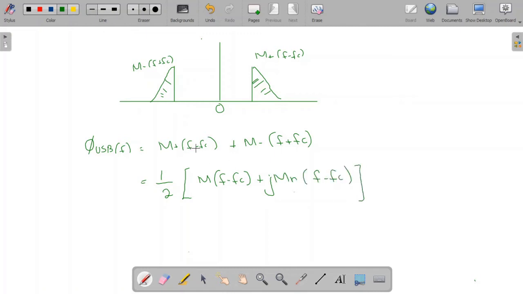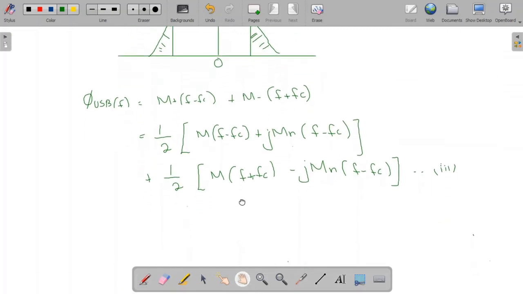And for the second term, I am going to write half into m of f plus fc minus j mh of f plus fc. Let me name it as equation 3.